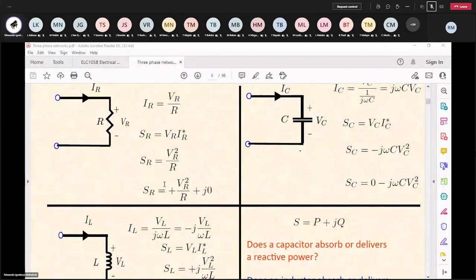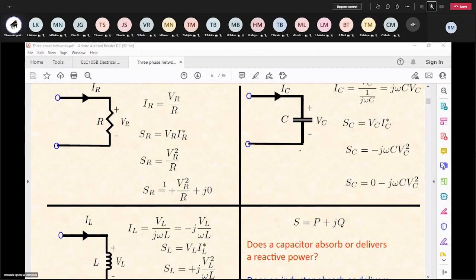It means that I don't have an inductive load, I don't have a capacitive load, right? So the value of Q is 0, because Q is brought about either by the inductance or by the capacitance. So P is equal to S.